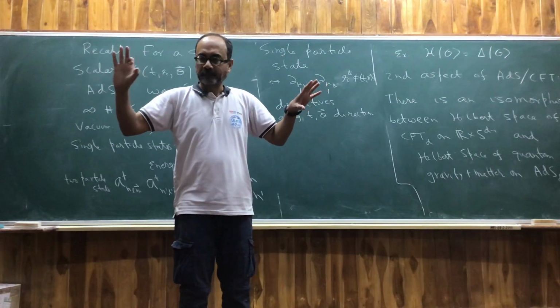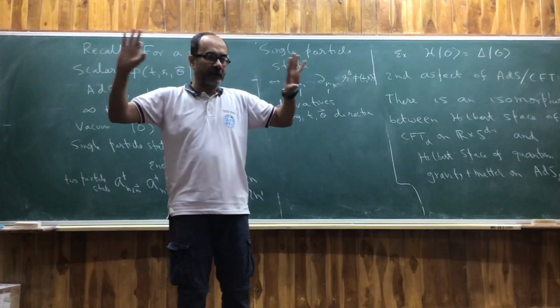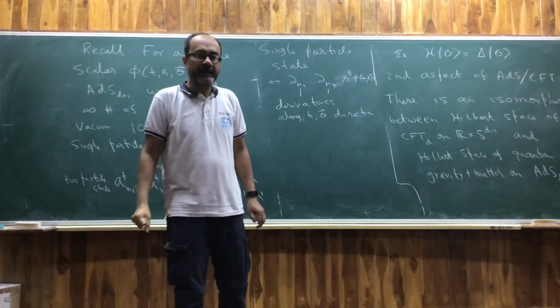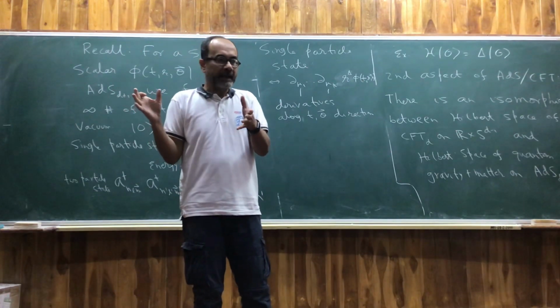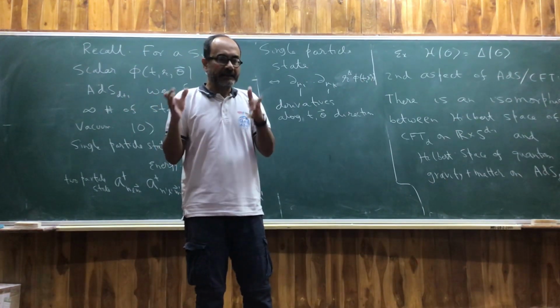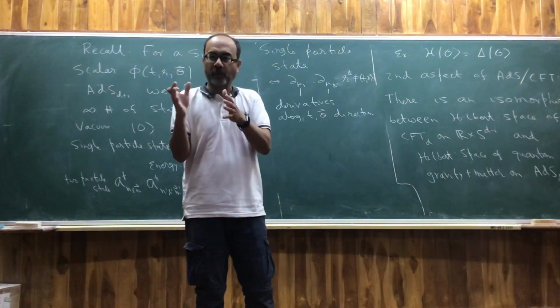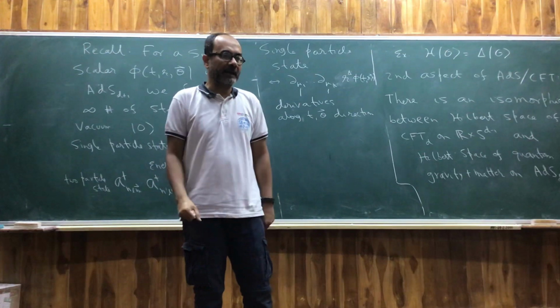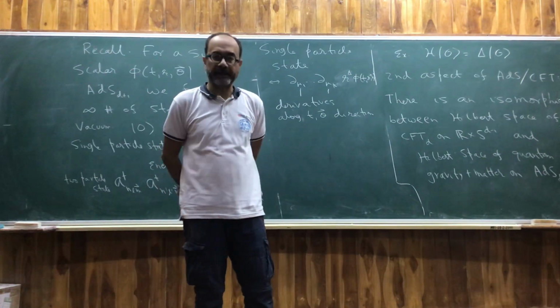The large R limit, which is called the near flat space limit, corresponds to some special kind of CFTs. And those special kinds of CFTs have the property that there are operators whose conformal dimensions are the sums of the conformal dimensions of other operators. R is the radius of AdS.